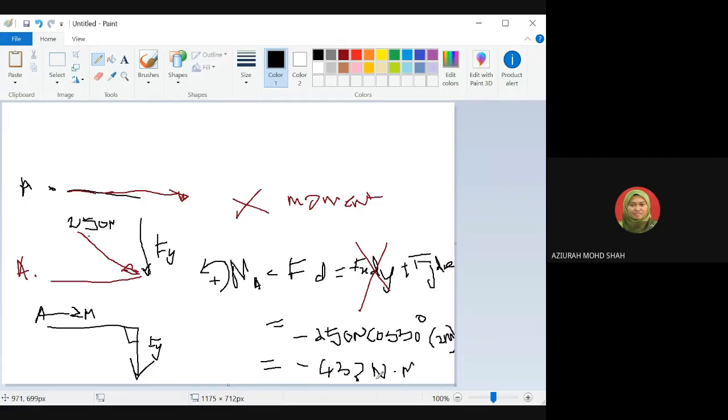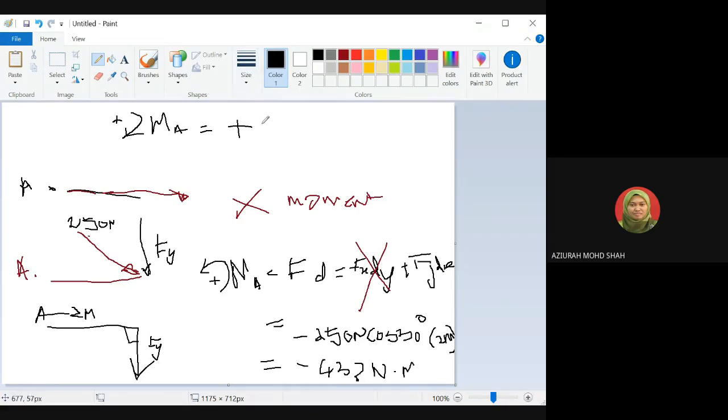So what does it mean by negative? It is clockwise. Okay, for those who do the assumption clockwise is positive, so you just put directly lah sebab kita dah memang nampak our assumption clockwise is positive.